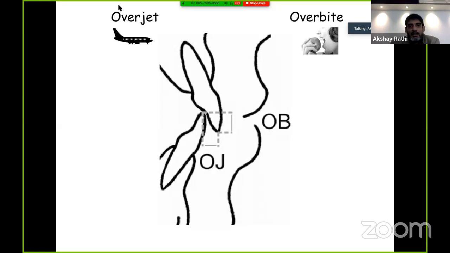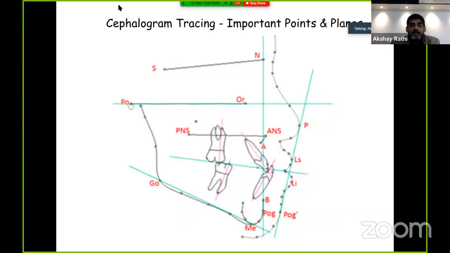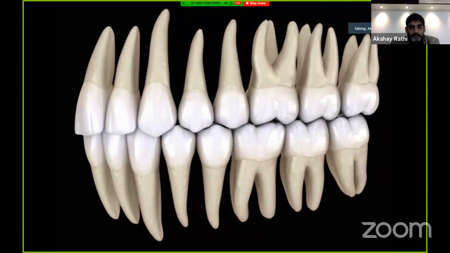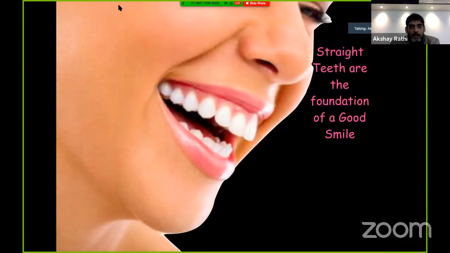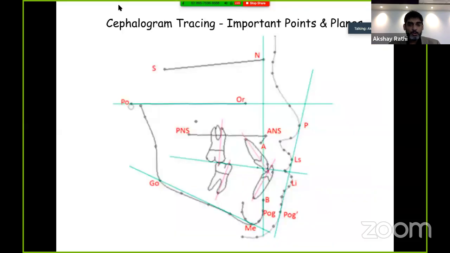So you can have a normal overjet and normal overbite, or you can have a deep bite with anteriors covering more, or you can have an open bite. So these were few of the things that I wanted to revise with you.